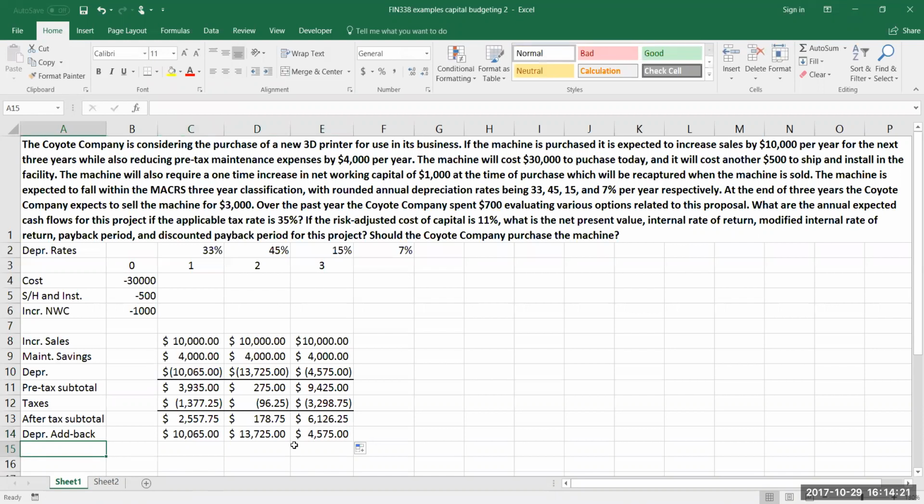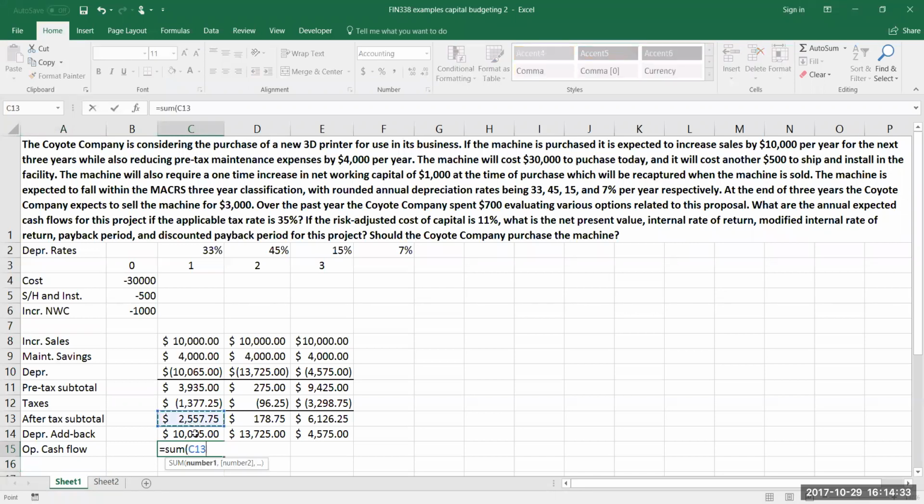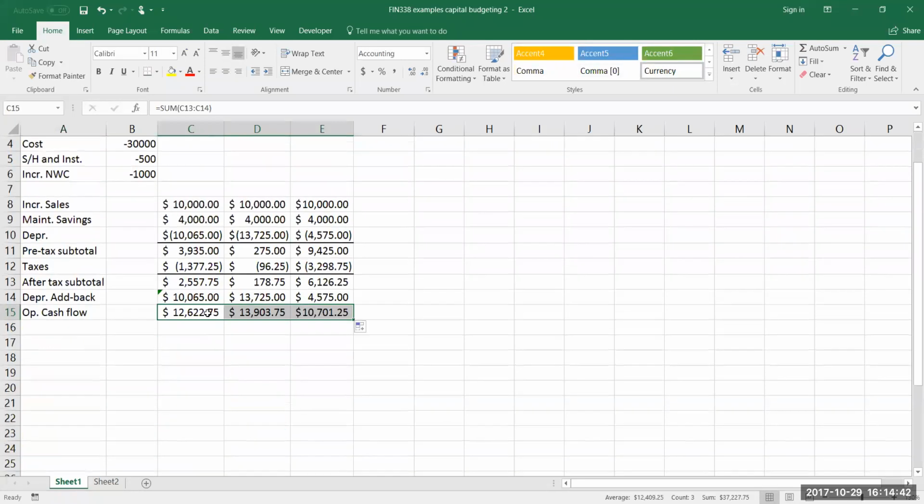next subtotal, which is going to be our operating cash flow. So to find our operating cash flow, we are going to sum those. So I sum the after-tax plus the depreciation add back. And I can drag that formula over as well. Okay.